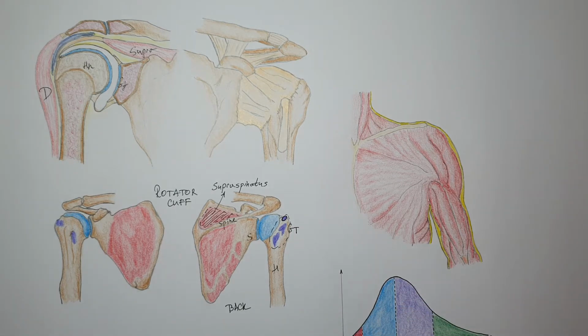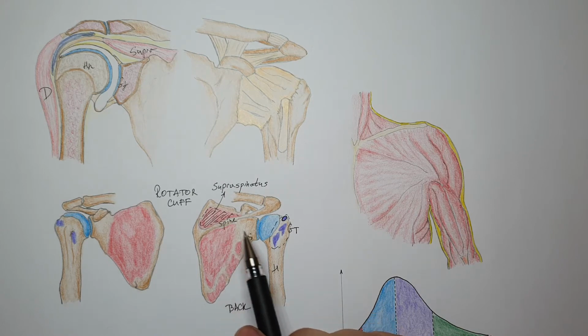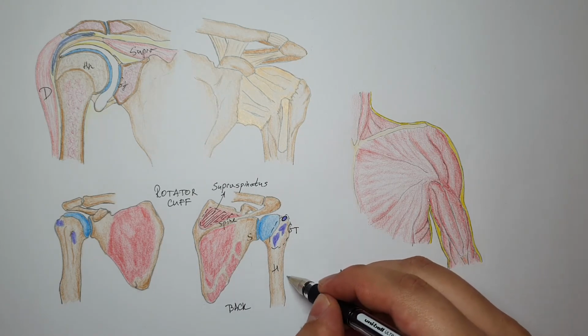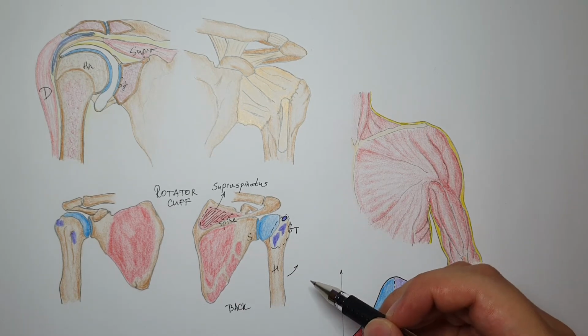This is the greater tubercle of the humerus, and on its superior part is the attachment of the supraspinatus muscle. So you can imagine when the supraspinatus muscle body contracts and pulls here, the humerus will be going up and away from the body.